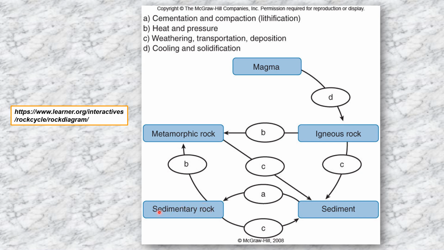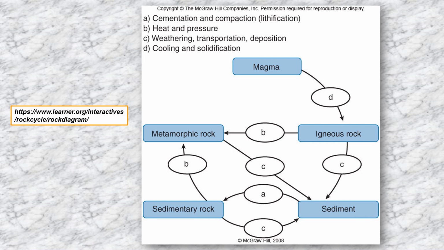Well, say you had sedimentary rock, and once again, through weathering, erosion, transportation, and deposition into layers of sediment, and then over time, those new layers of sediment would be compacted and lithified back into a different kind of sedimentary rock.